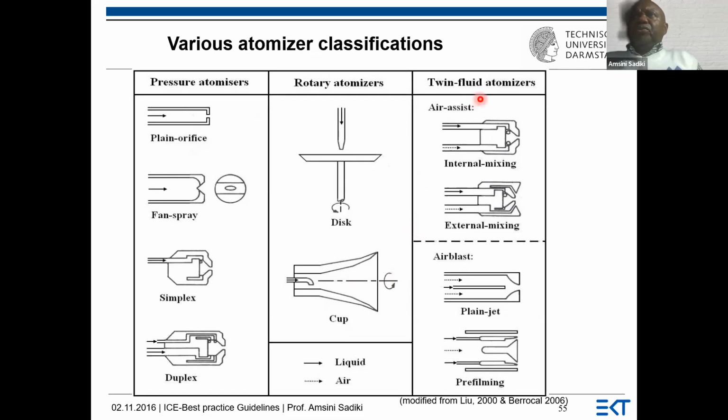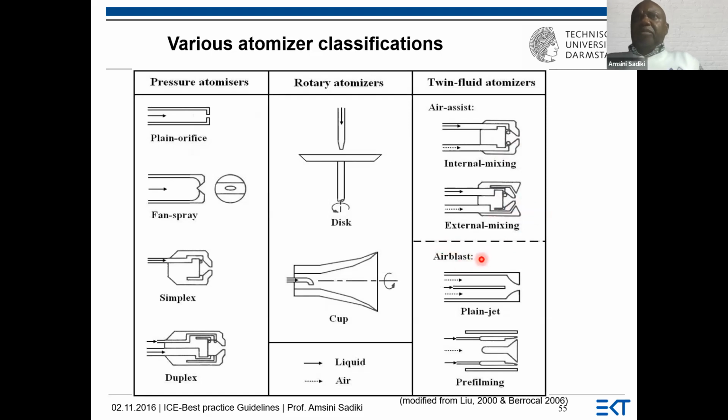So the twin fluid atomizer, we have the air assisted. So the fluid flow comes here, and here we have the airflow, and they interact here to generate the spray. It is a mixing which takes place internally, and this takes place externally. Here we have this mixing, and they take place first here, and then they come out.